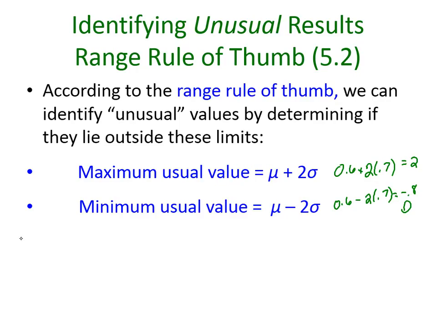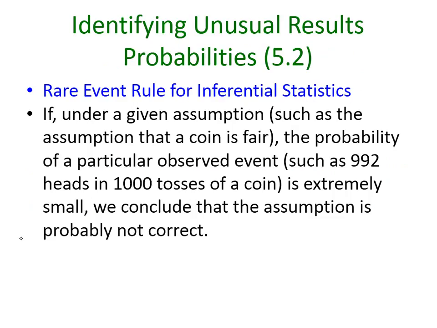So that usual values is not changing what that's saying. It's still telling me it's within 2 standard deviations of my mean, above or below. Now, identifying what is unusual from our probabilities. The rare event rule for inferential statistics: if under a given assumption, such as the assumption that a coin is fair, the probability of a particular observed event, such as 992 heads in 1,000 tosses of a coin, is extremely small, we conclude that the assumption is probably not correct.